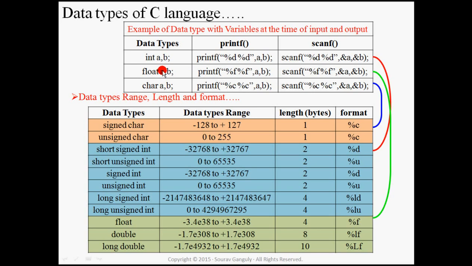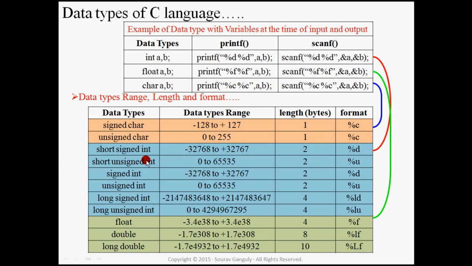The float ab is actually this, and this int is actually the short signed int. The range of the short signed is this. The length is 2 byte or 16 bit and the format is %d. This format is very important for the compiler to understand what kind of value is going to be displayed or taken as an input.